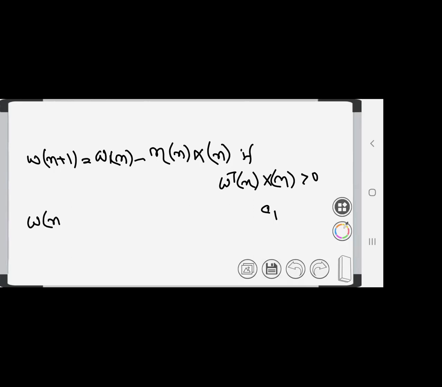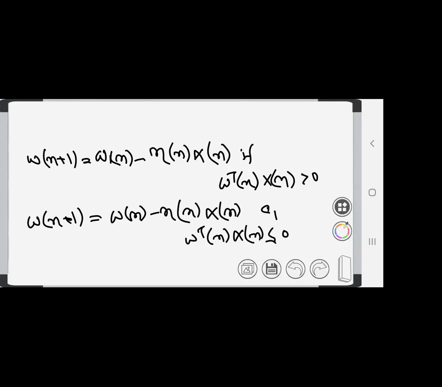Similarly, W of n plus 1 will be Wn minus eta n xn if W transpose n xn is less than or equal to 0 and xn belongs to class C2, where eta n is our learning parameter.